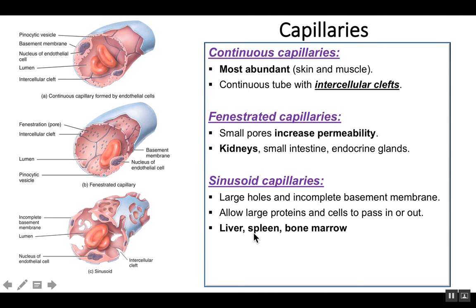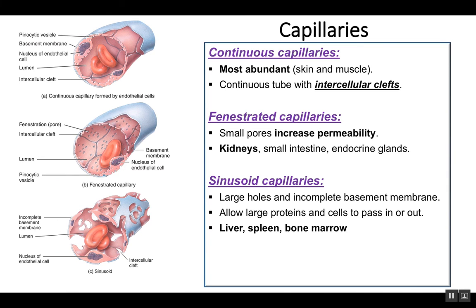The spleen, we already know one important job of your spleen is to remove old, worn out red blood cells and platelets. So if this red blood cell is old, we got to get it out of there. We have to get it out of circulation. So in order to remove it from circulation, the spleen has sinusoid capillaries. And then finally, bone marrow is kind of the opposite.